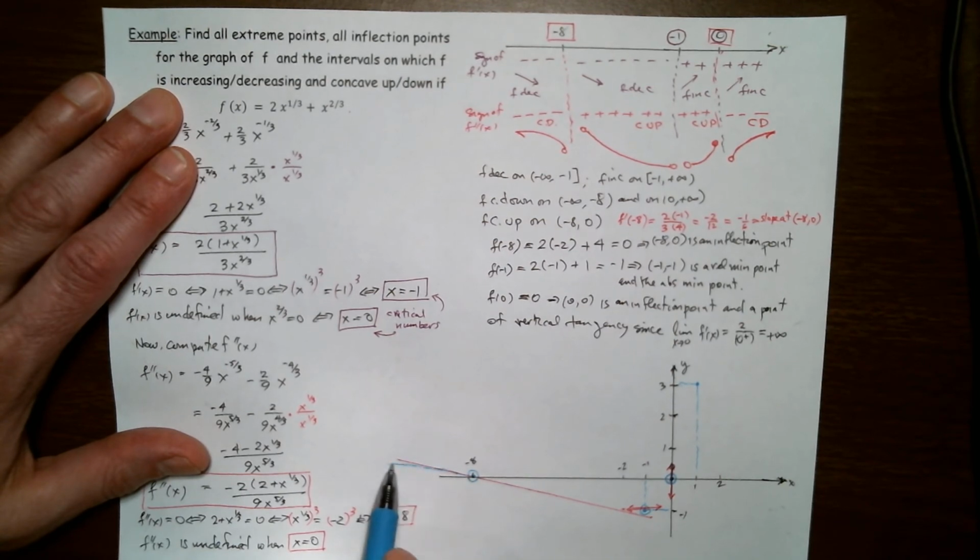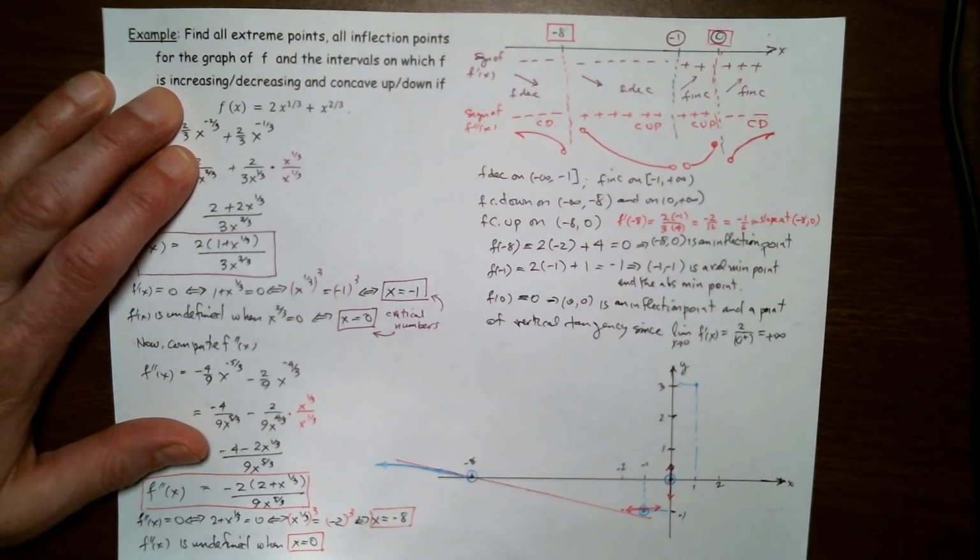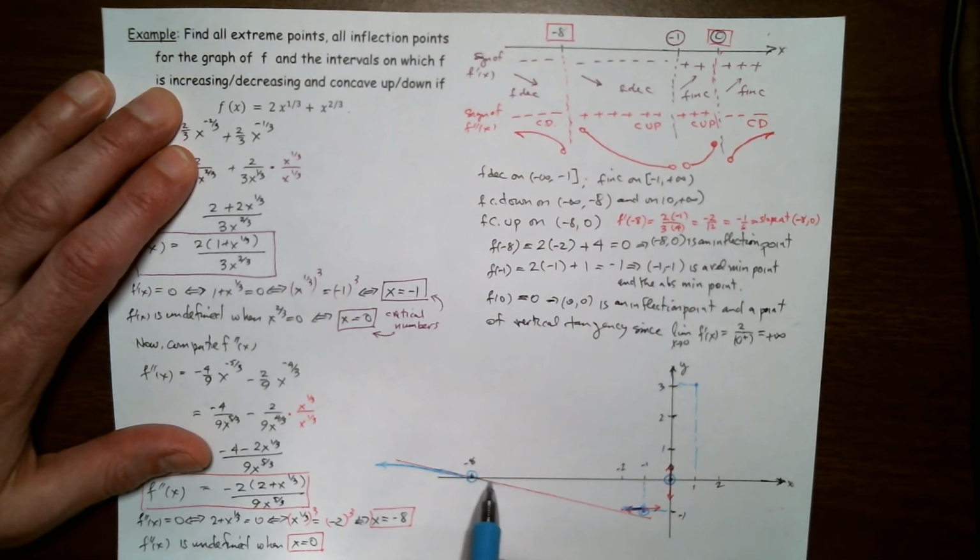So the graph looks something like this, decreasing, concave down. Then between -8 and -1, the graph continues to decrease, but it's concave up. So the graph lies above this tangent line between -8 and -1, and it bottoms out here, at -1, -1.